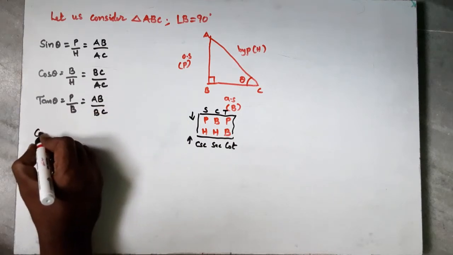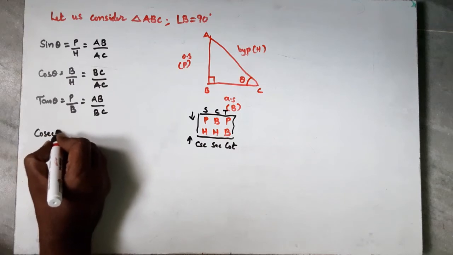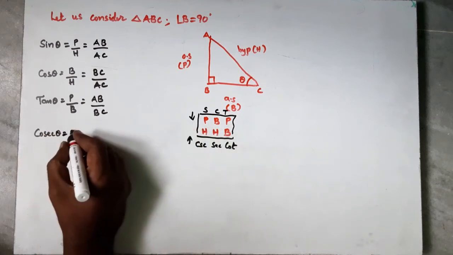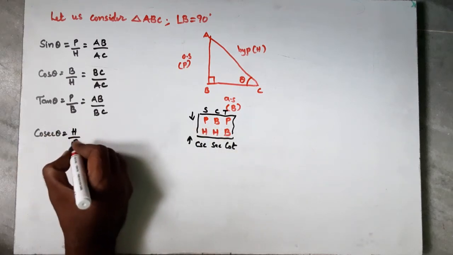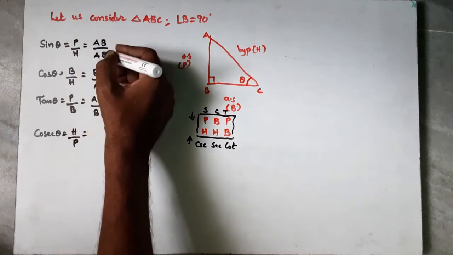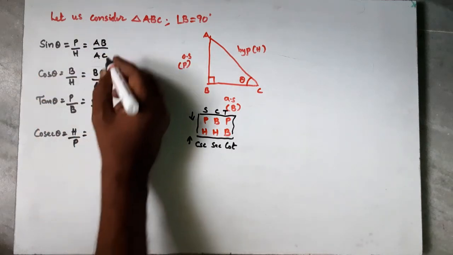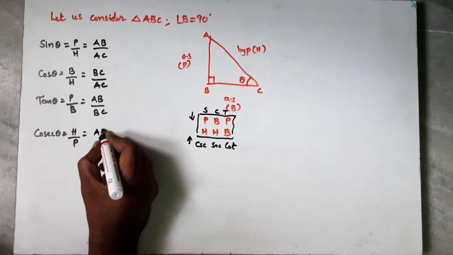Then cosec theta, H by P. Directly we can write, the inverse of sine is cosec: AC by AB.